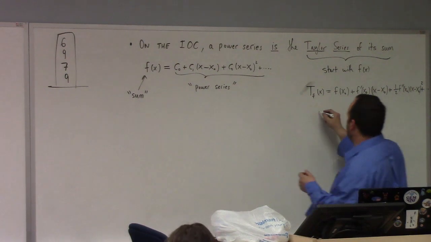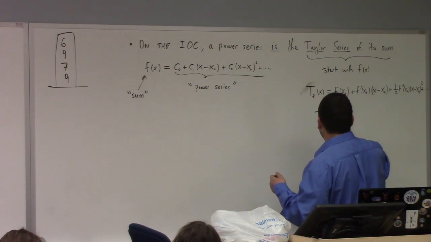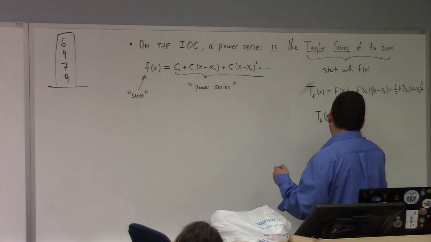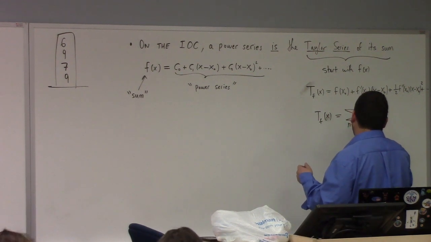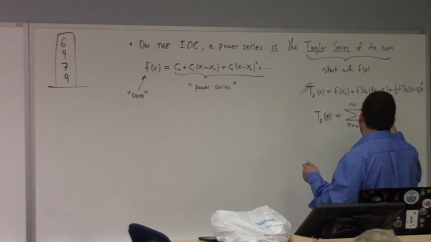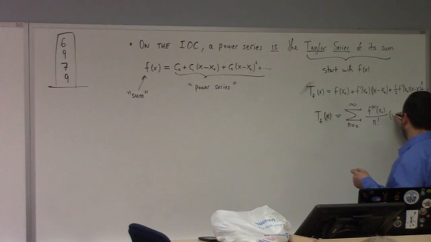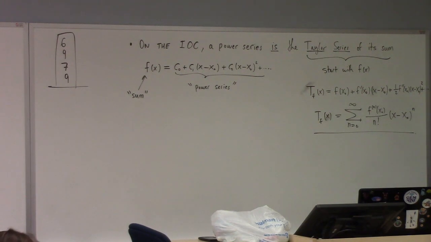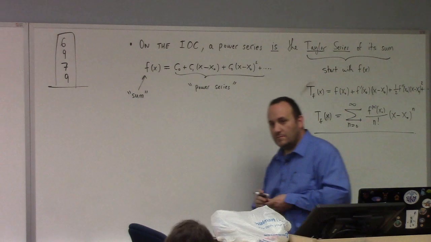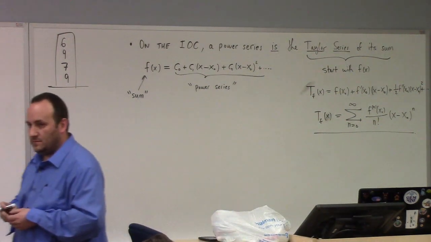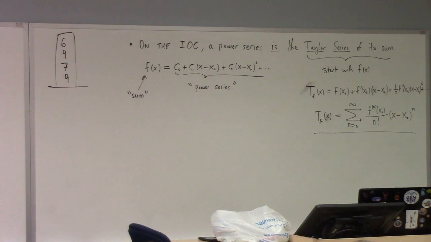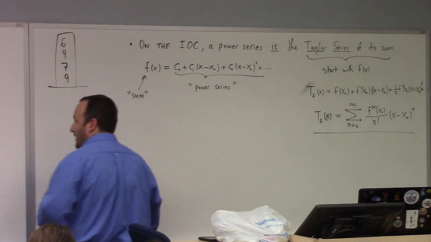To be more complete, T f of x will be equal to, and I want to explain why this is, the sum n equals 0 to infinity of the nth derivative, rather, evaluated at x naught, divided by n factorial times x minus x naught to the n. This is the full Taylor series for f. All right? I'll work it out over here.